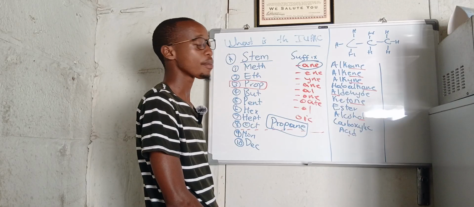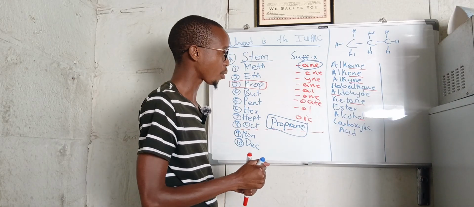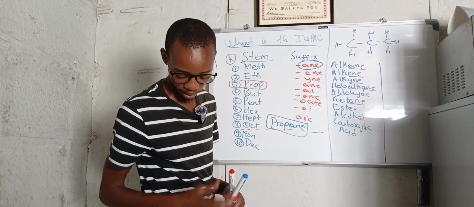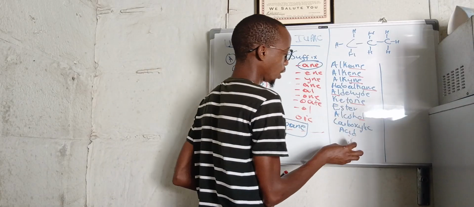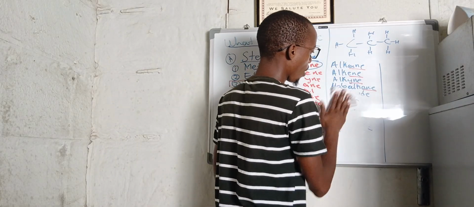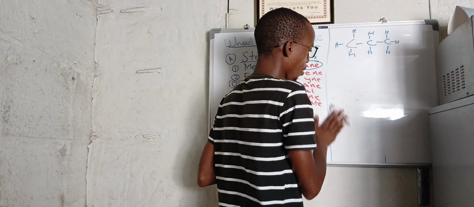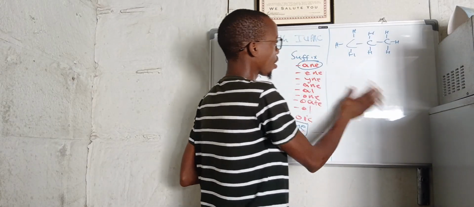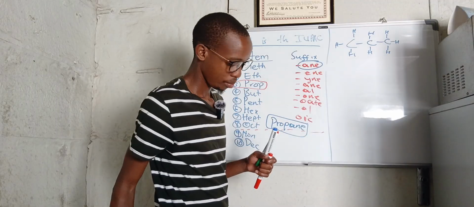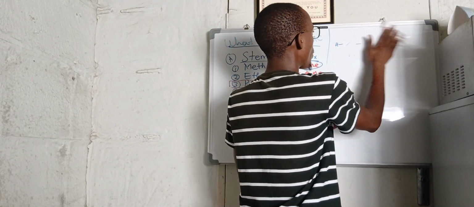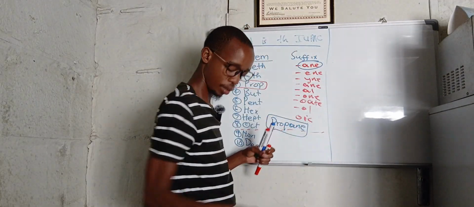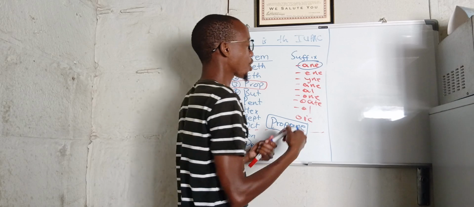Now, let me make an example with something else also, just to try to accommodate alkene. Can you erase this much? Let's check alkene.